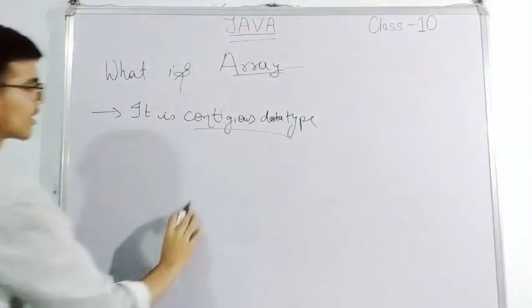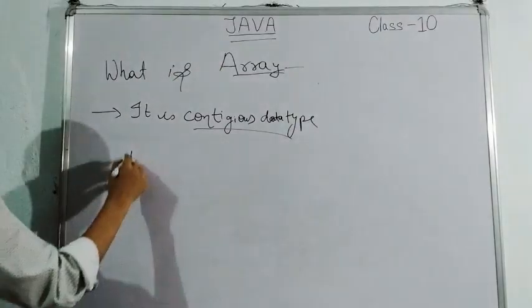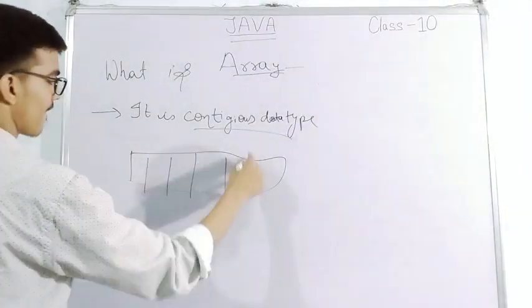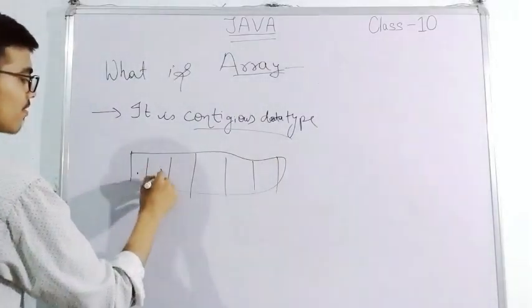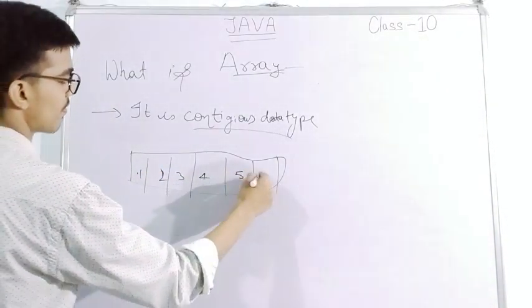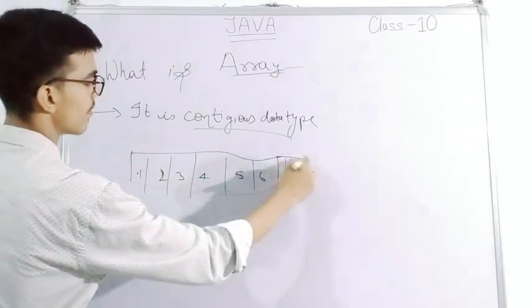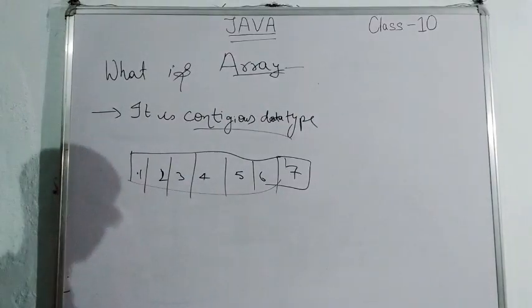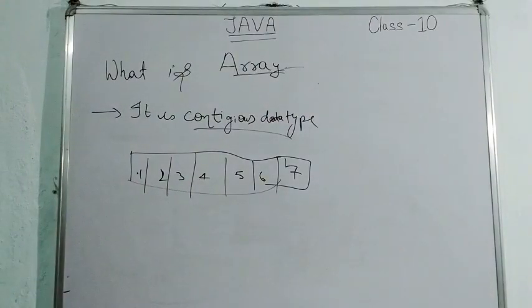This means it contains, for example, 7 boxes. We can see 7 boxes.